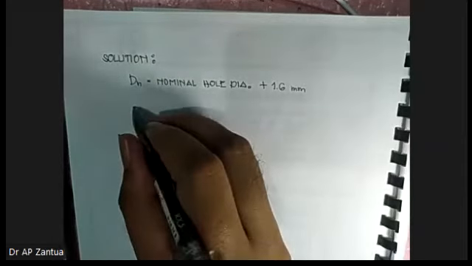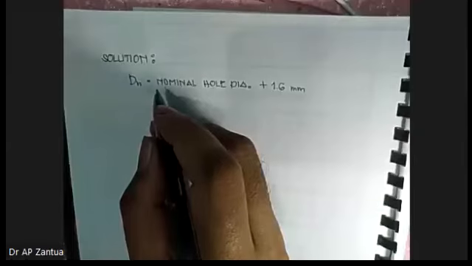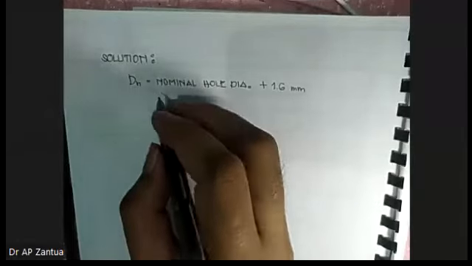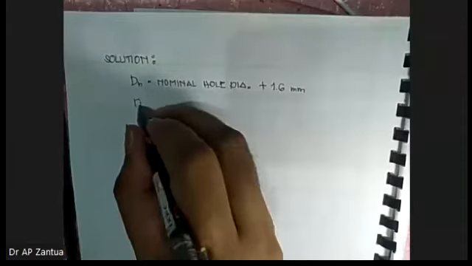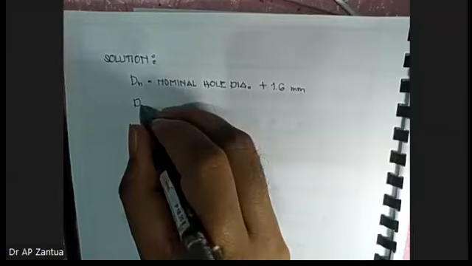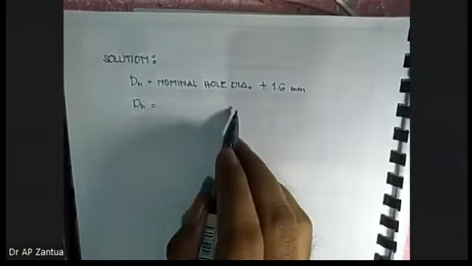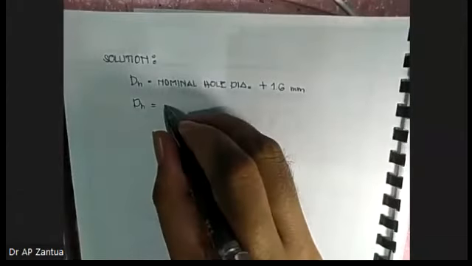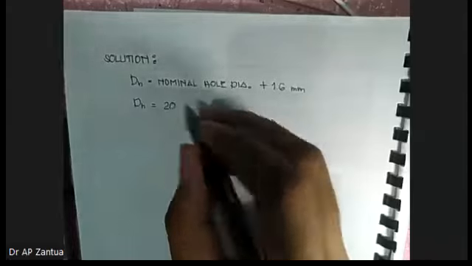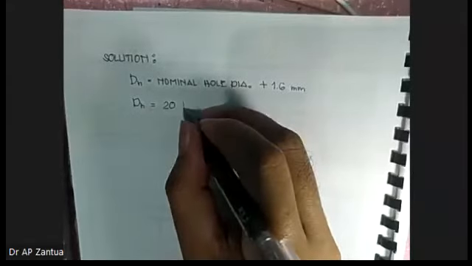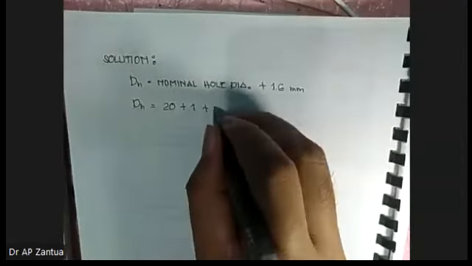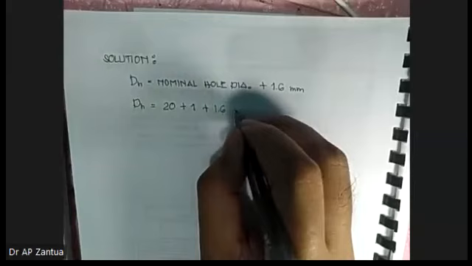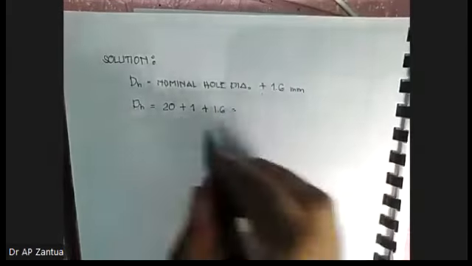So we already know this from the previous example, where the nominal becomes 21, so 20 plus 1 plus 1.6.